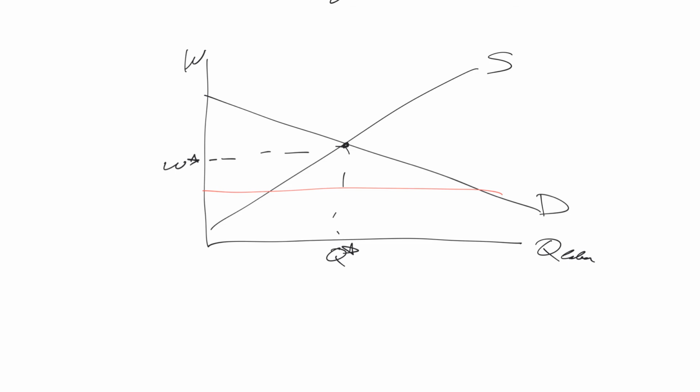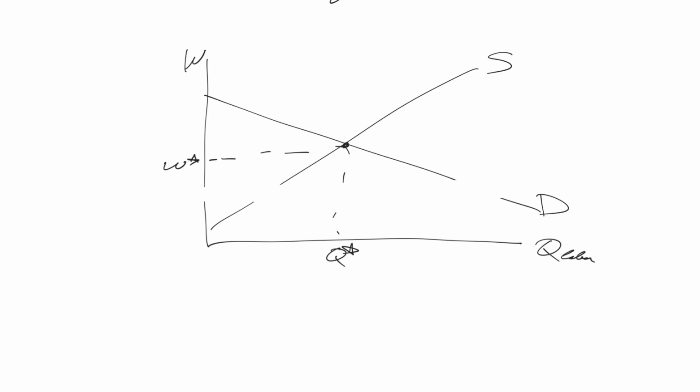The minimum wage has to be in the way. It has to be a barrier for the equilibrium wage to be reached. There's no barrier here. Okay, wages can go down to here, but they're going to stop here at equilibrium. So this minimum is non-binding. It's like it's not there.